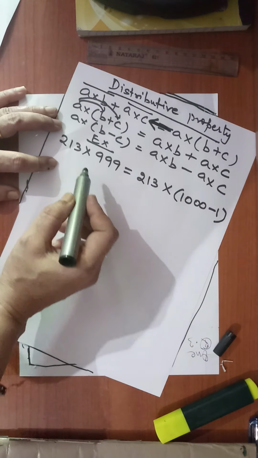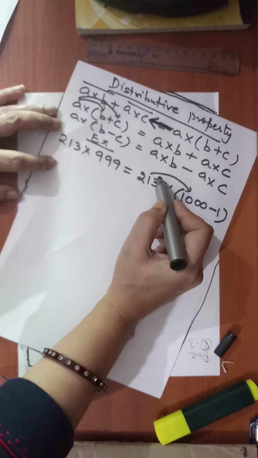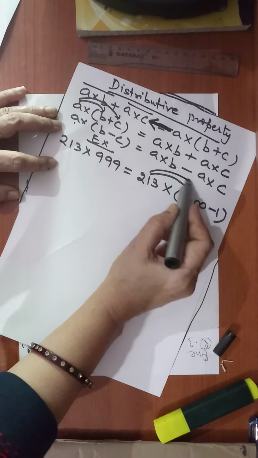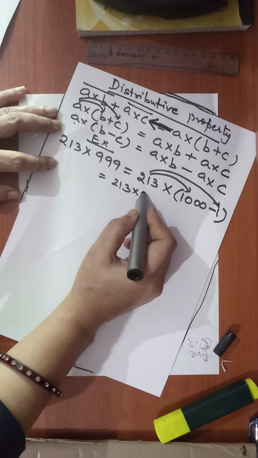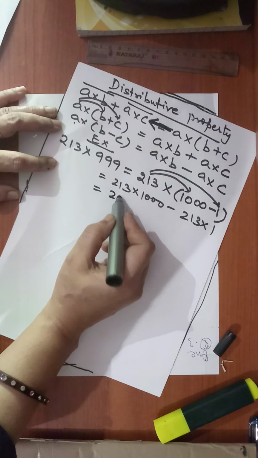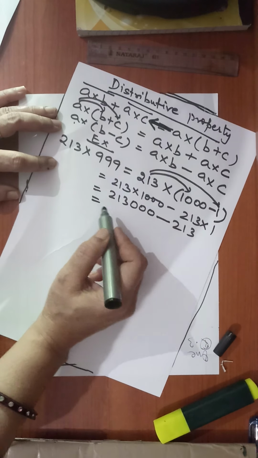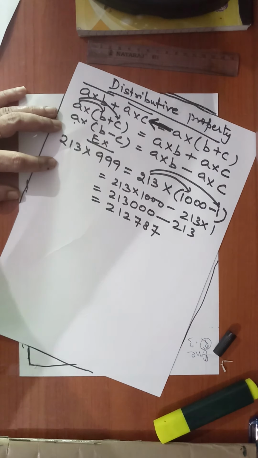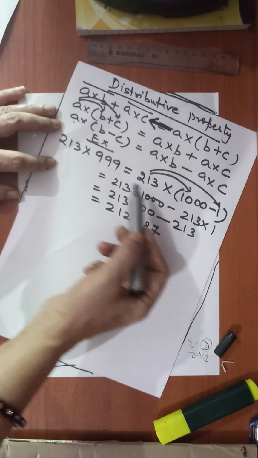Now if I write this as this, then it is something like this: A into B minus C, and it means 213 multiplied by 1000 minus 213 multiplied by 1. So you get 213, 3 zeros minus 213. If you subtract both of them, you are going to get 212787. So in this case, it was more easy to expand it.